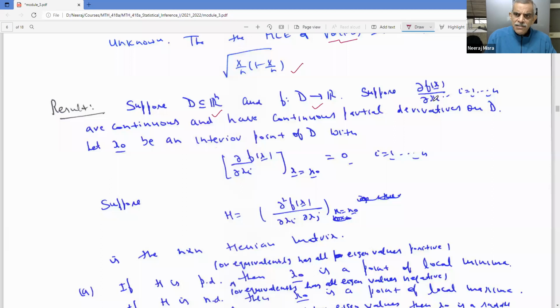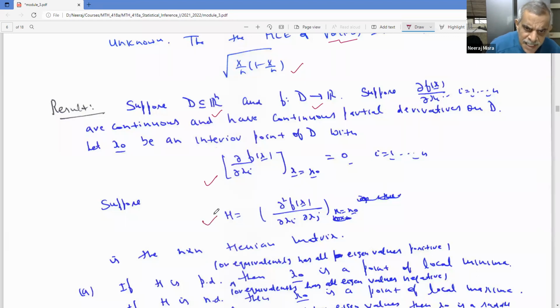Suppose its partial derivatives of f with respect to x1, x2, ..., xn are continuous and have continuous partial derivatives. Let x0 be an interior point of D where the derivative is 0, del f by del xi is 0. That means x0 is a critical point of f, where the derivative is 0.